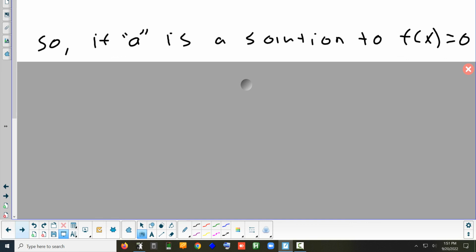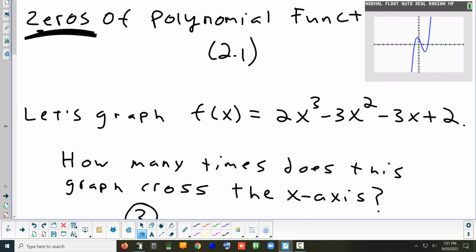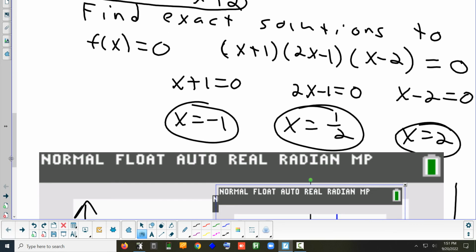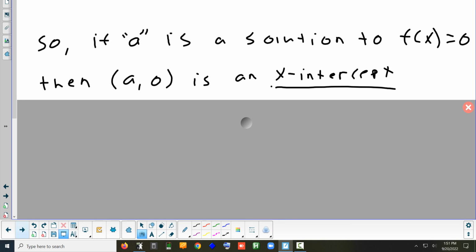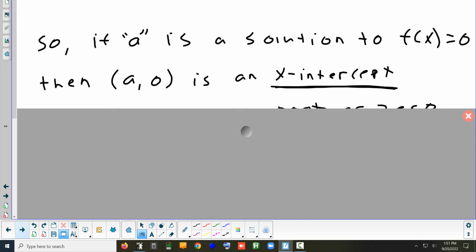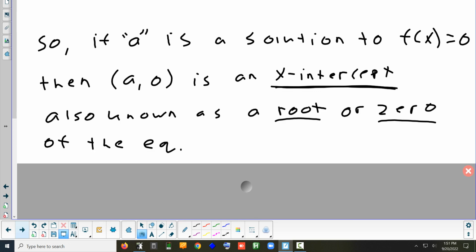All right, so in the last problem, what were our answers again? Negative 1, 2, and 1/2. Those three numbers are called the x-intercepts. It's where the graph crosses the x-axis. They're also called the roots of the equation.